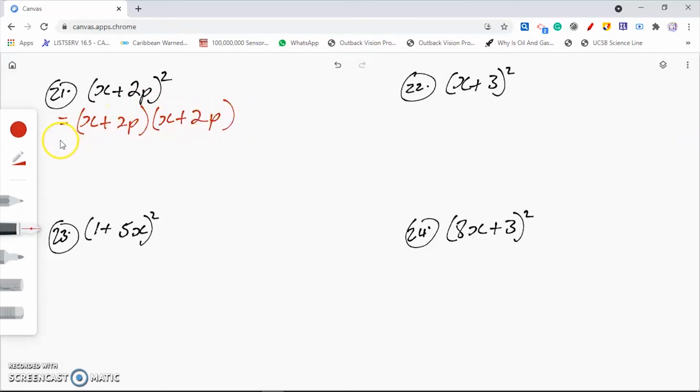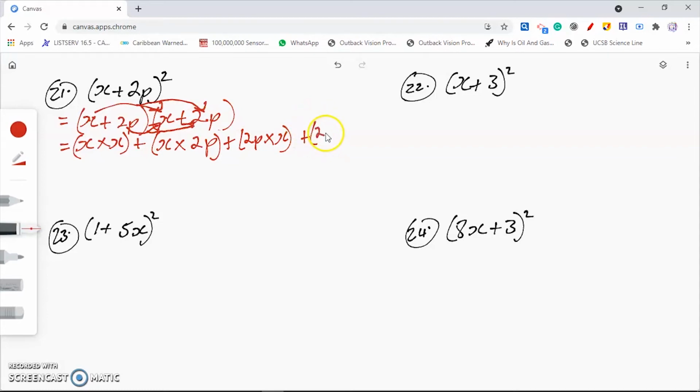Now, x times x plus x times 2p, plus 2p times x, plus 2p times 2p.